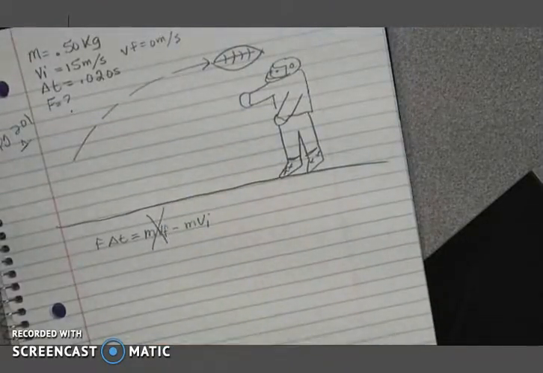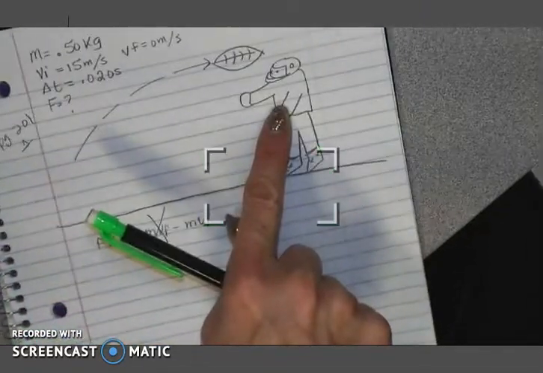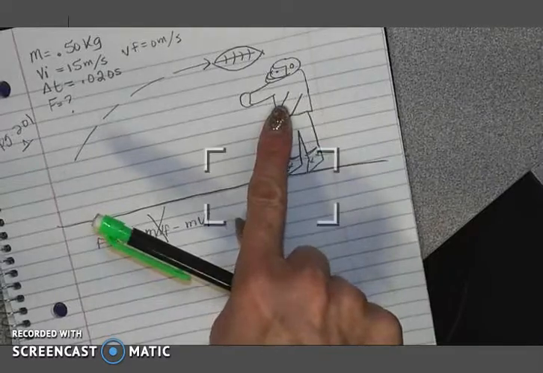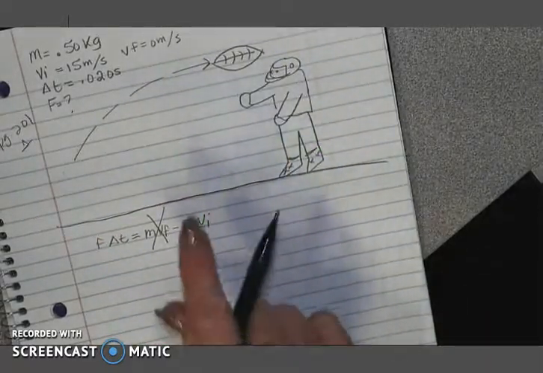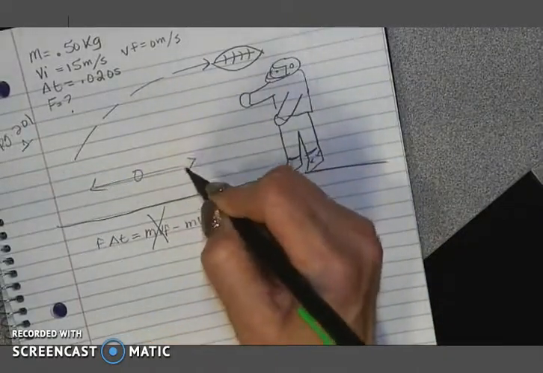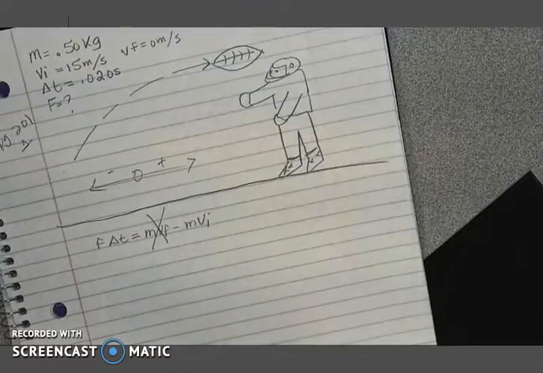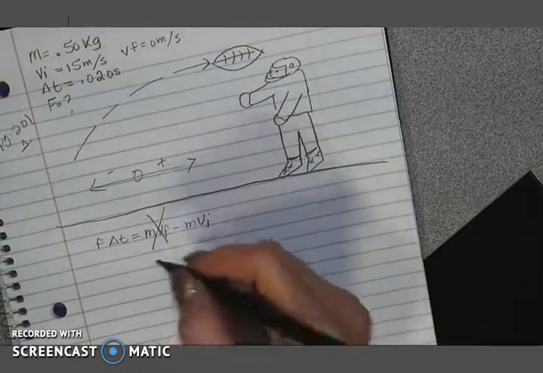So this one we can kind of get rid of. Also remember that the ball is moving to the right here, so that is kind of our directionality. We're not doing west and east anymore, but we can say that to the right, just like our number line, to the right is positive and to the left is negative. So we're going to call that a positive 15 meters per second.